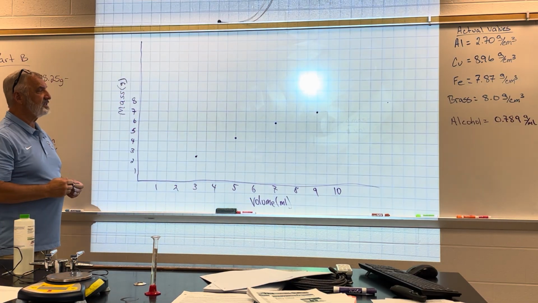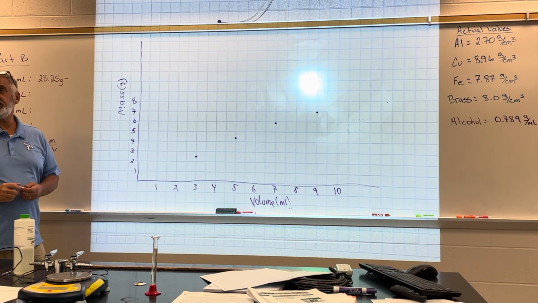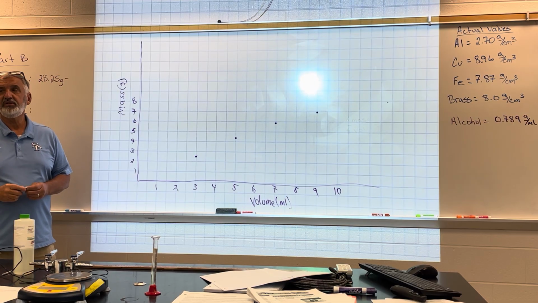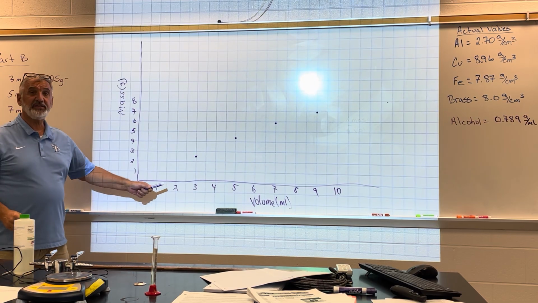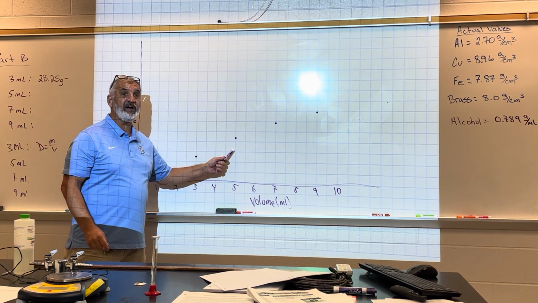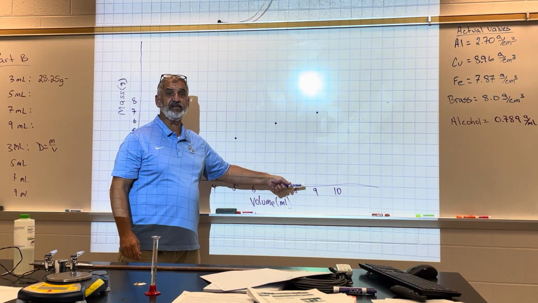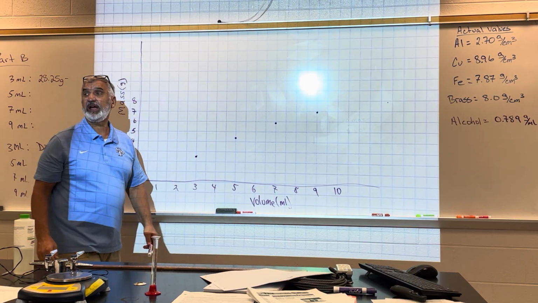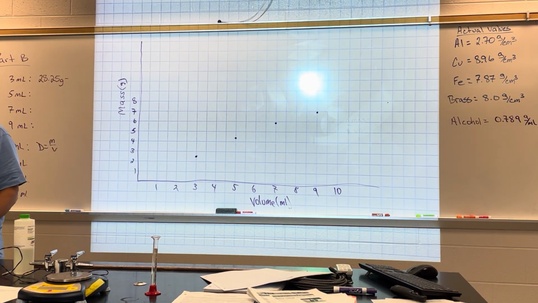Okay, you should be able to get some points that kind of look somewhere in this range. 3, what's the mass of 3? What's the mass of 5? What's the mass of 7? What's the mass of 9? And then you can have a 5th point, 0, 0, because I'm assuming that 0 milliliters would weigh 0 grams.